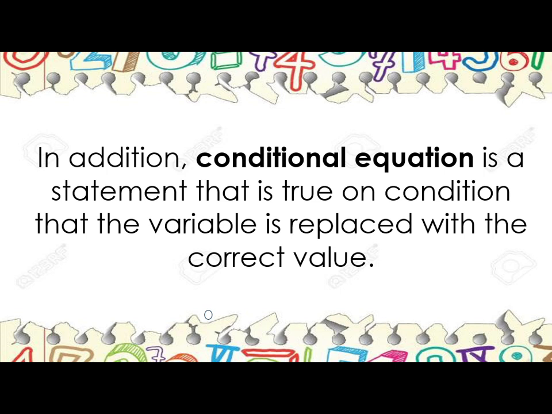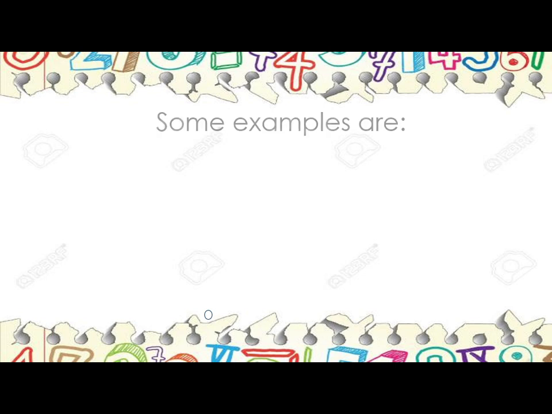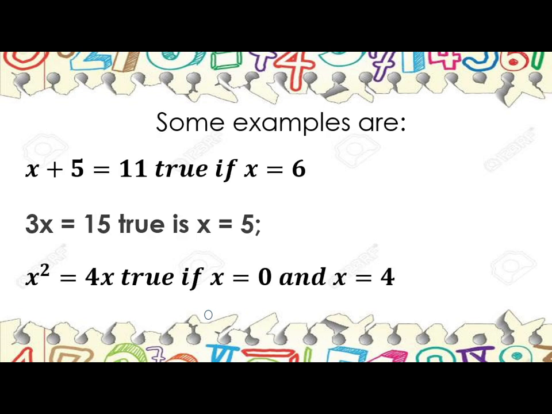For instance, I have here x plus 5 equal to 11. We don't know if it is equal to 11 only. It's stated here that this equation is true if x is equal to 6, because if you substitute 6 here, 6 plus 5, you will have 11.